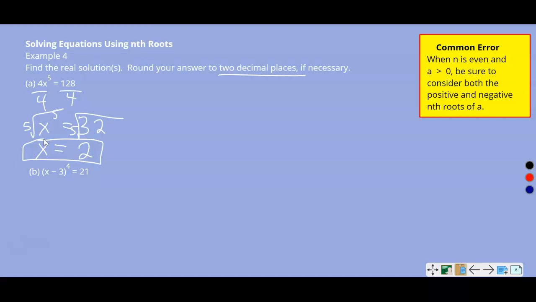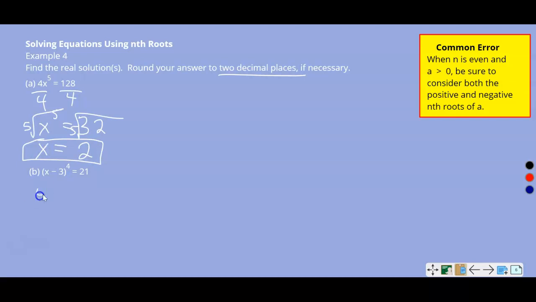All right, B part has a quantity, x minus 3 raised to the 4th power equals 21. Since that's in parentheses, that means we have to take the whole thing to the 4th root, or to the 1/4 power if you prefer to do that.